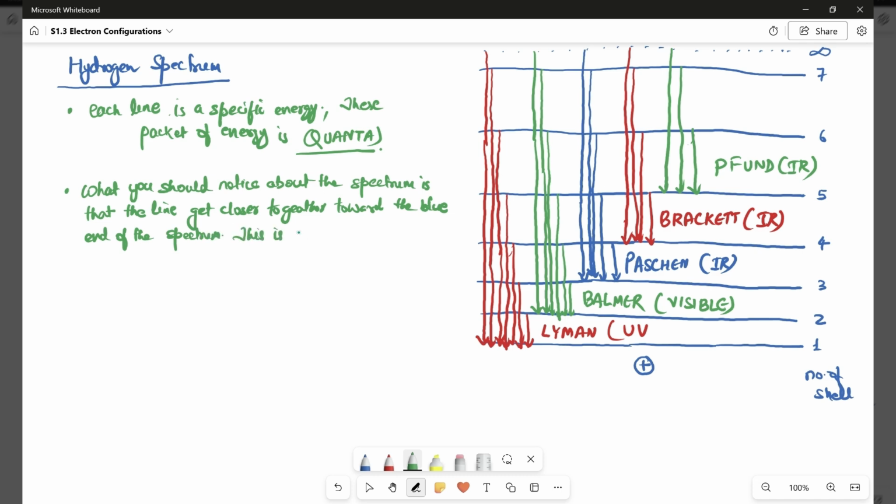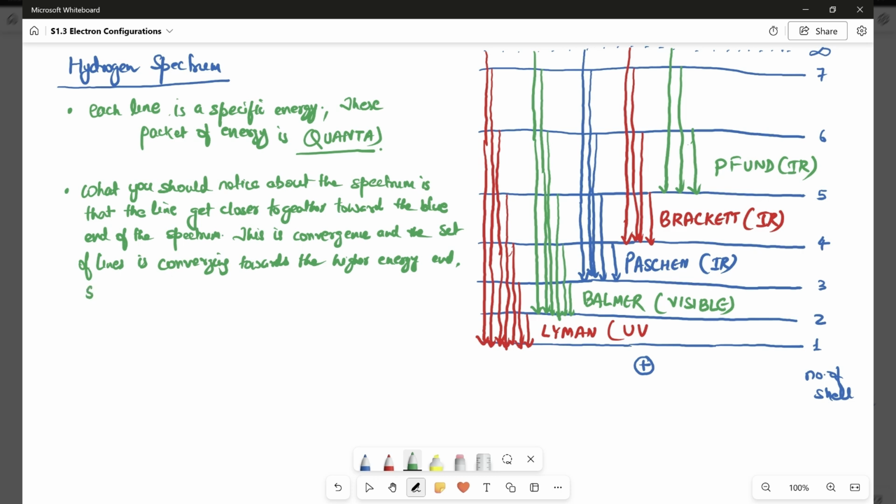This is convergence, and the set of lines is converging towards the higher energy end, right?